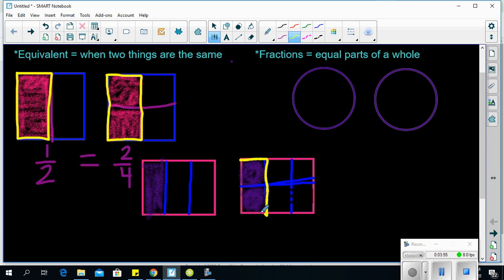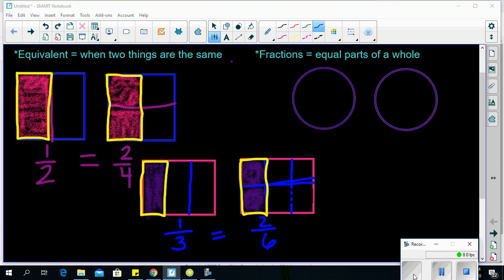I still have the same size piece if I use 2 over here and 1 here. It's the same area, the same space inside of that rectangle that's colored. So the equation says that 1/3 is equal to 2/6, and we know it's true because we can see the picture. Both of them are the same size, even though there are 2 pieces here.